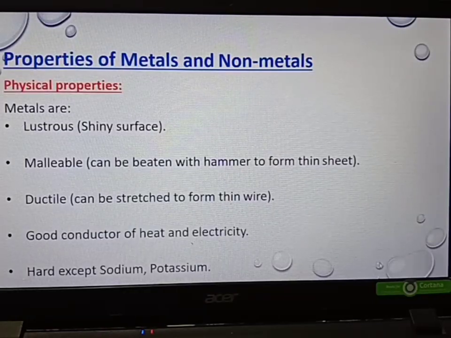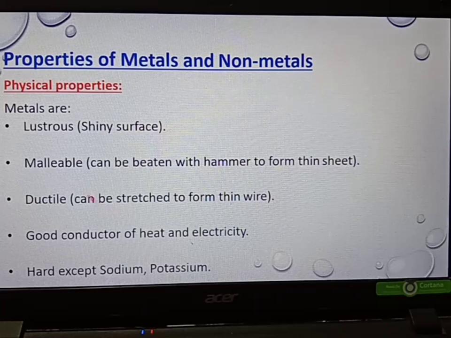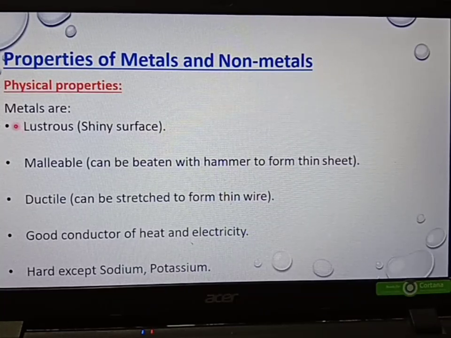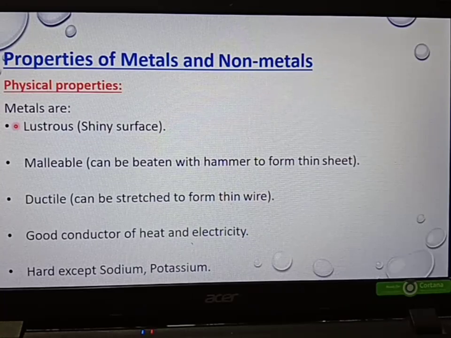Now, properties of metals and non-metals. First, we are talking here about the physical properties. First physical property is lustrous. Lustrous means that the metals have a shiny surface.